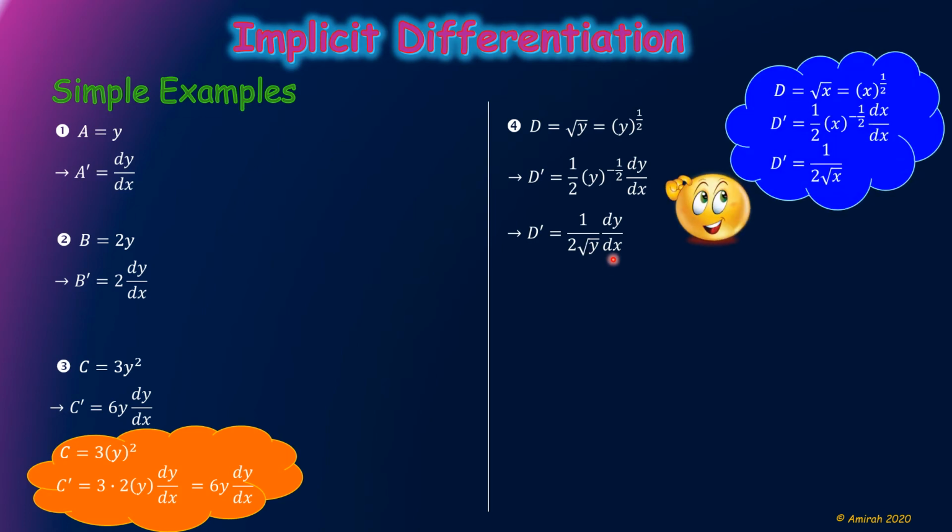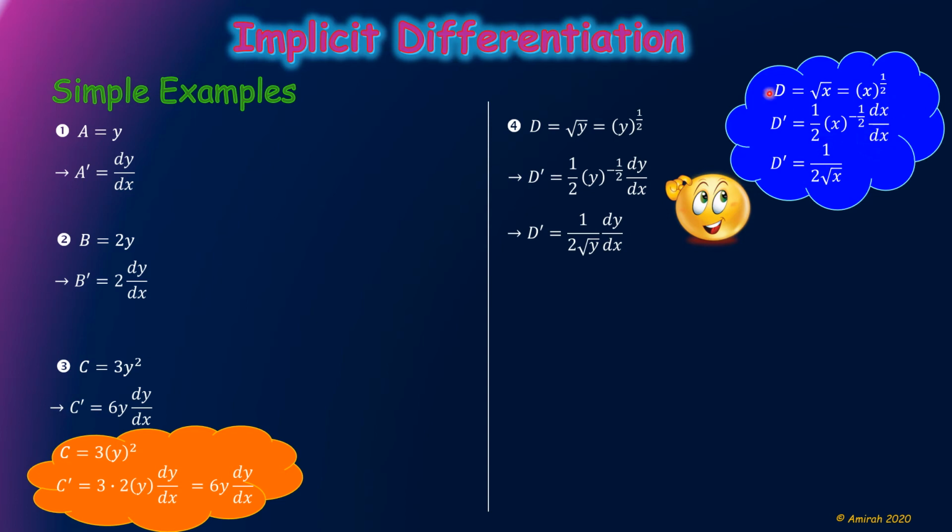We recall back when we differentiate square root of x. We change it into the form of x to the power of half, and then we move half to the front and then x, and then we write power minus 1, so we have half minus 1 equals negative half. Then we differentiate the function in the bracket, so we differentiate x, we have dx over dx, but we can simplify dx over dx.